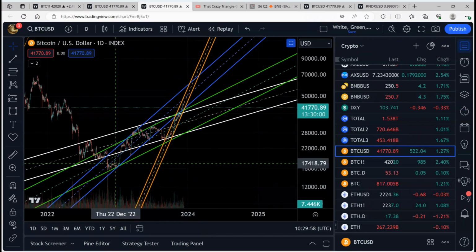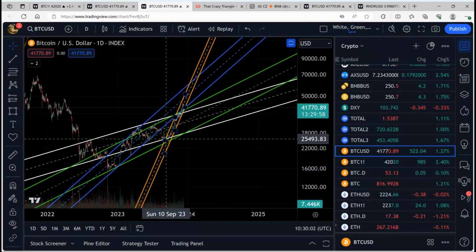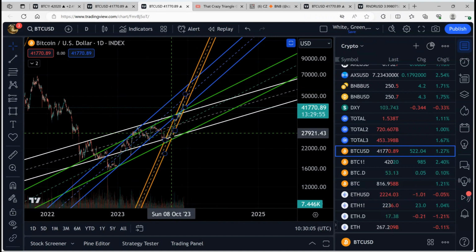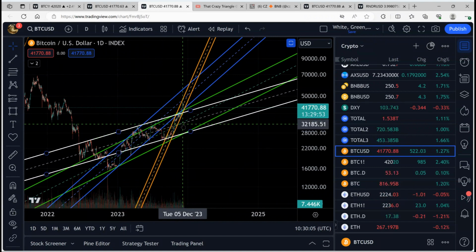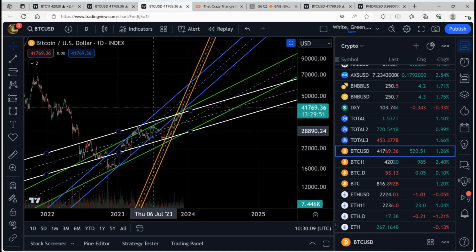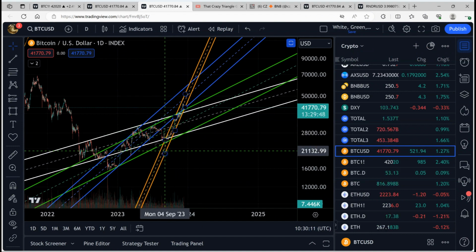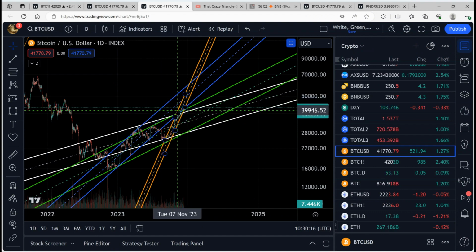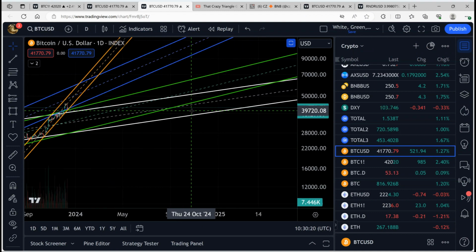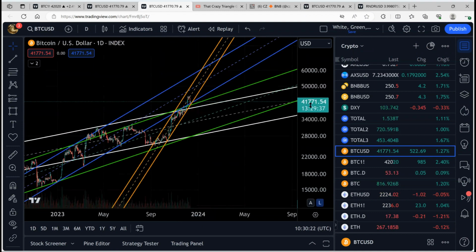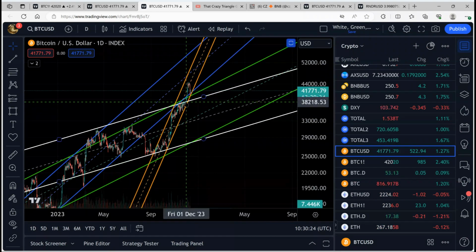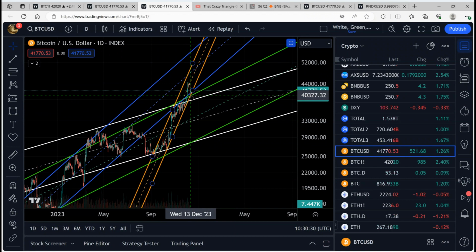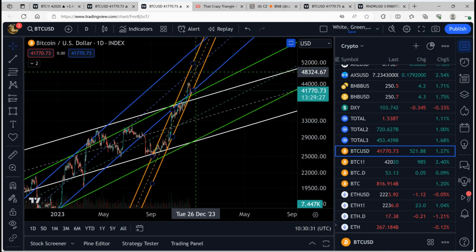We had been holding the blue channel here, lost it in August, and fell back into the green. Well, we were always in the green channel. We were still always in this white channel as well. But now, this moment in time here is marking our departure from the white channel and our departure from the green channel to trade in this blue channel.